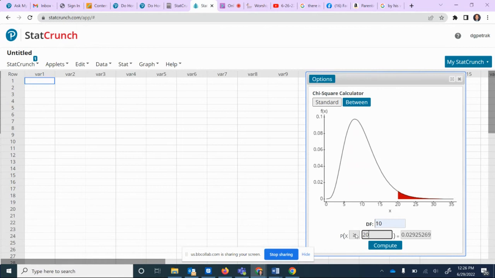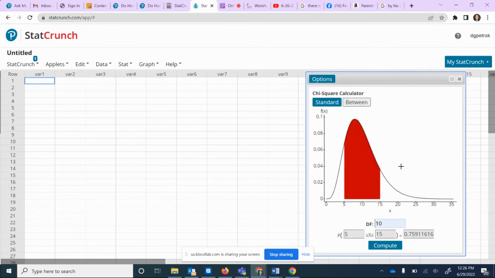The one thing that gets a little tricky is when we're doing confidence intervals. So if I hit the between button here, and I want a 90% confidence interval, I can type in 90, and it gives me what we call the chi-squared left and the chi-squared right, which it may ask you on your homework. So if I'm doing a situation where the sample size is 11 and it's n minus 1, I went out and measured 11 bolts, right?